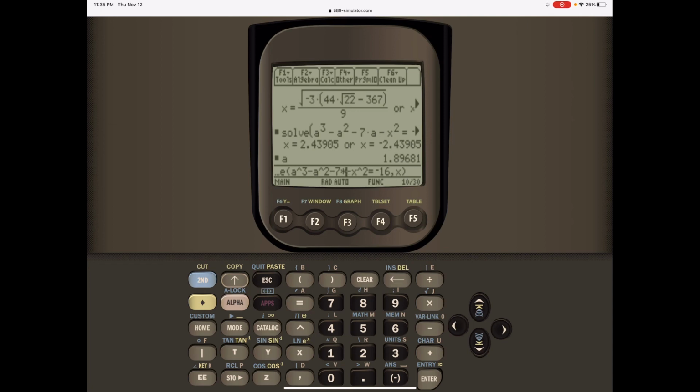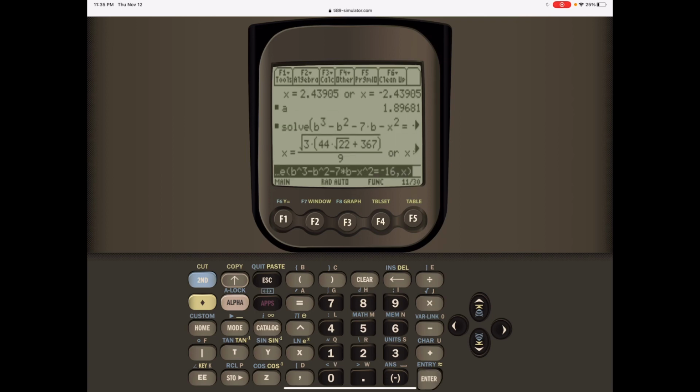So I erased one of the A's, and I'm going to put the letter B and go back. Don't hit delete, go back. The arrow back key, and then delete the A, and then alpha B, and go back to this one, delete, alpha B, and enter. Really messy, but guess what?